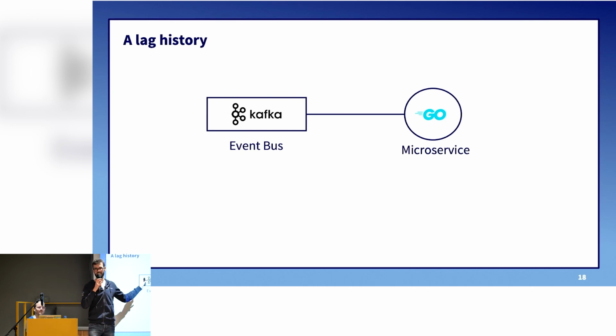So we have a Kafka event bus, and we have a microservice in Go consuming and processing these messages. After consuming every message, the microservice can process it in a very short time. Here, 2 milliseconds. So it's very fast, and it's very okay for us.